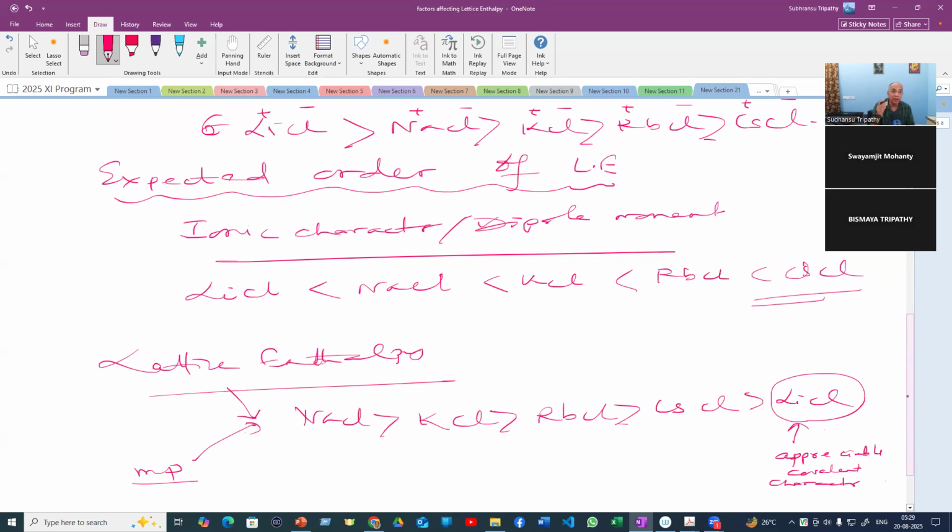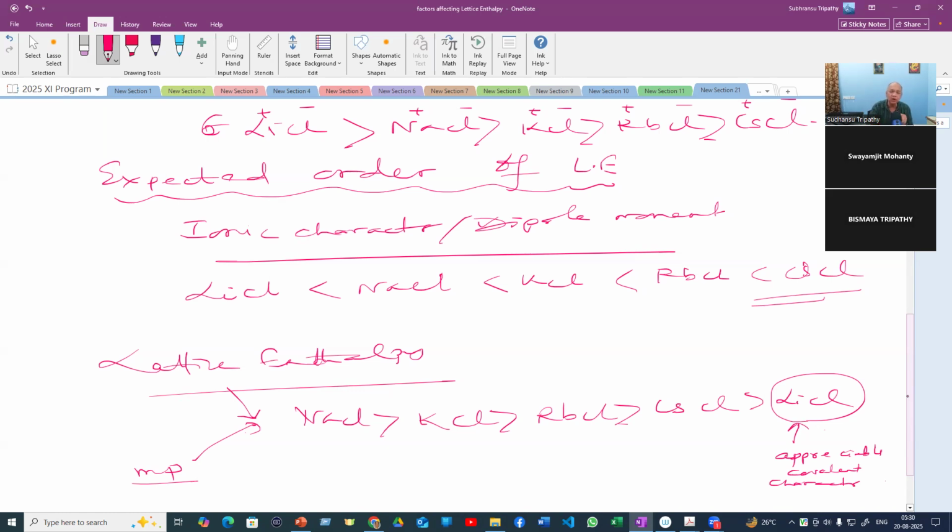Because when you melt lithium chloride, some of the lithium chloride will be segregated into Li plus and Cl minus, but many will try to remain together as LiCl. They will be moving as LiCl as a single entity, just like a covalent molecule.